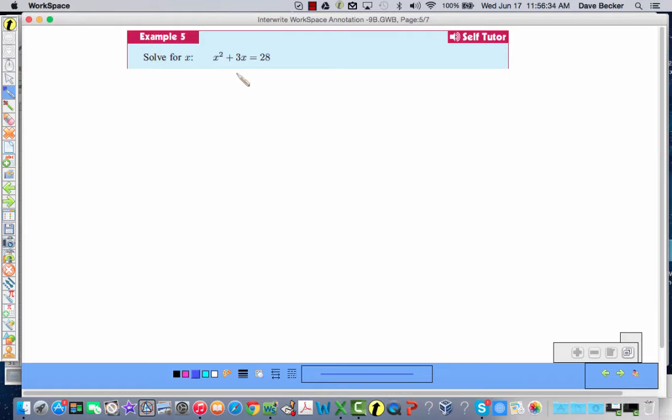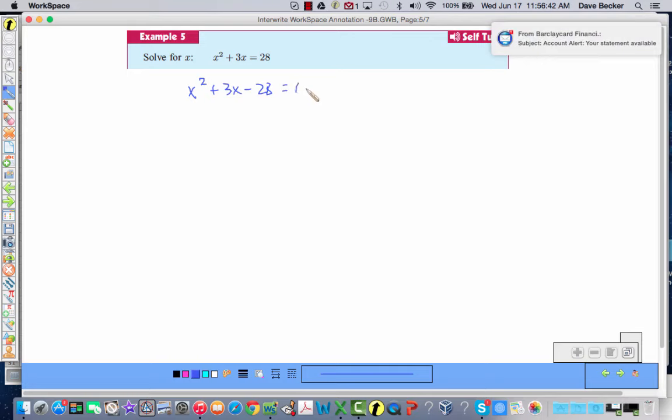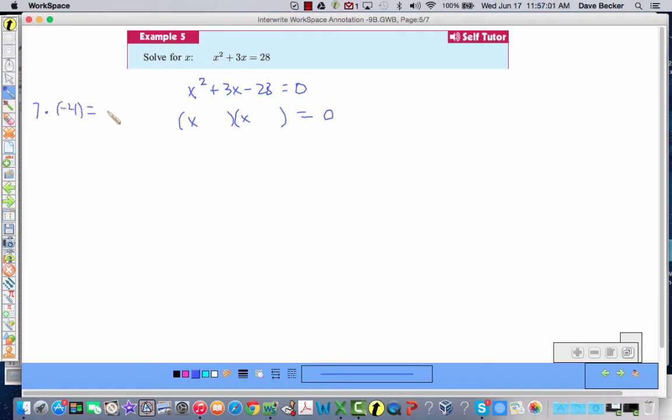All right, so now here we go. I need to set this equal to 0, so I'm going to subtract 28 from both sides, and that is equal to 0. So factoring this, I'm thinking of factors of negative 28 that when combined give me a positive 3. So I could do 7 times negative 4, that equals negative 28, so that's cool.